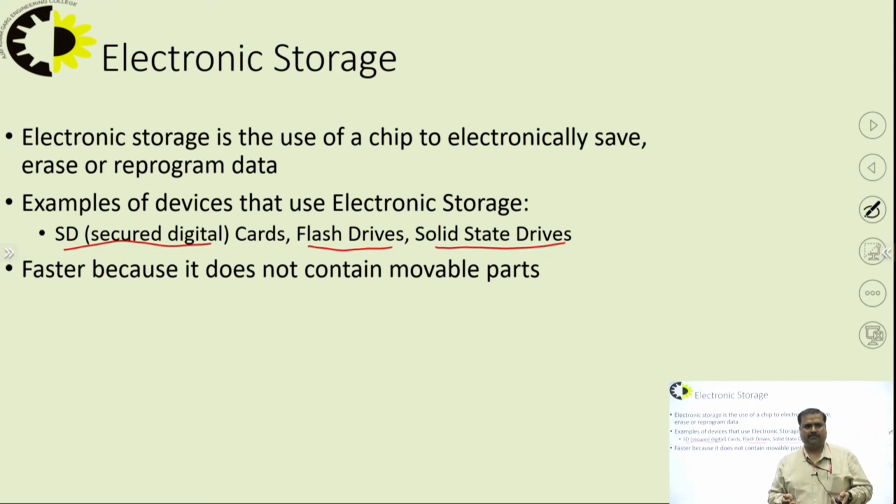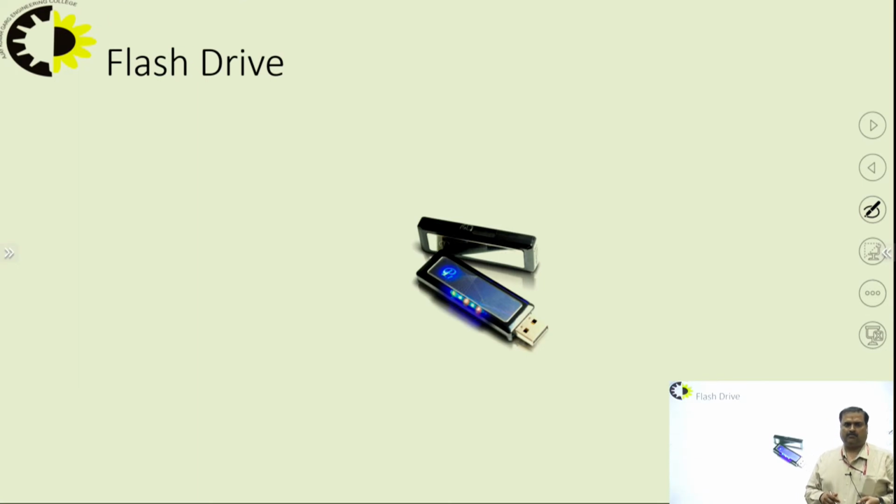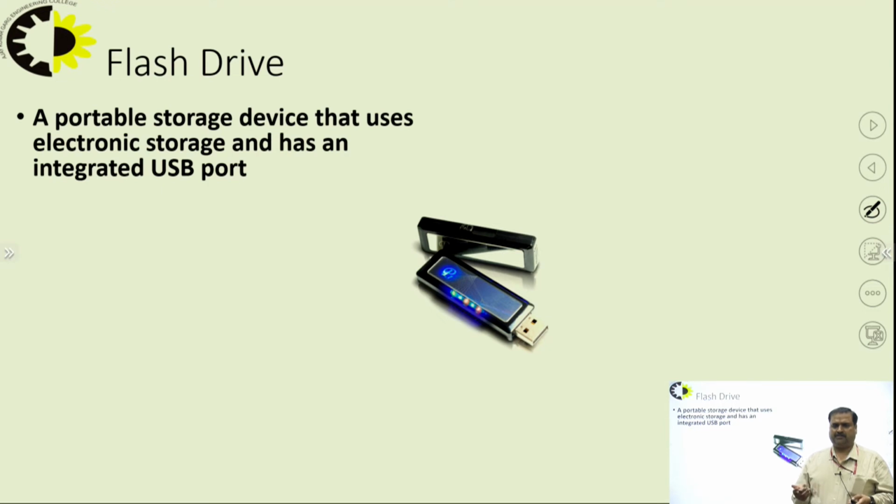They are faster because they do not contain any mechanical part. That's why they are faster than the normal hard disk. So one good example of electronic storage is the flash drive, which is very popular among all of us now, because everybody who wants to have data generally keeps one pen drive with them to store some kind of data which will remain along with them.